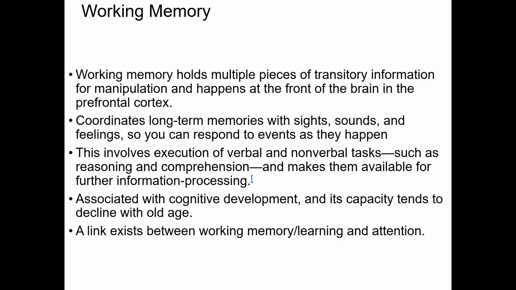Now, something about an older individual, it isn't that older individuals lose their cognitive skills. Their processing is a little slower. So it isn't that they lose their intelligence. They may not be processing as fast as before.